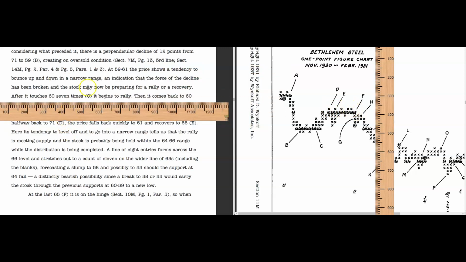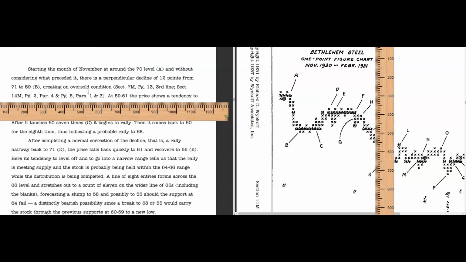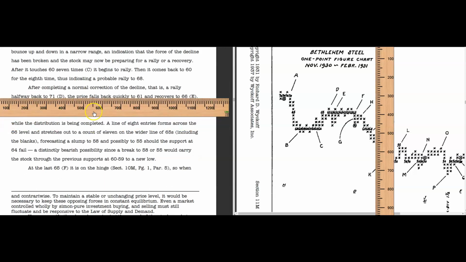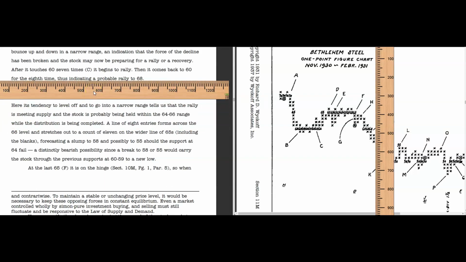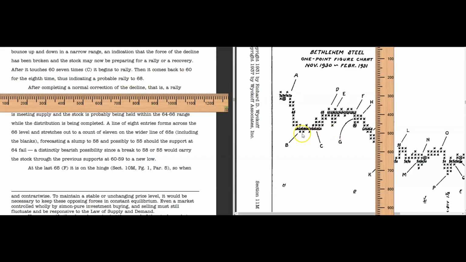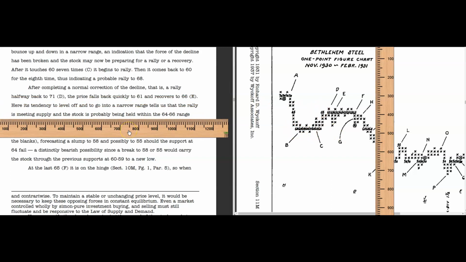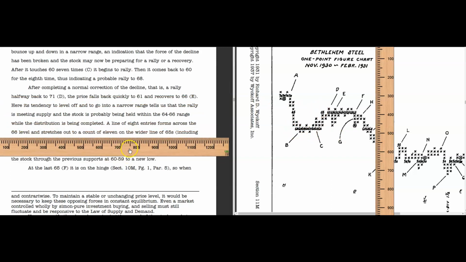So, what does that mean? Where was I? It means, okay, from 60 to 68 was the pullback from B to D. Okay, here you go. The 66 level, the count is what? 11.